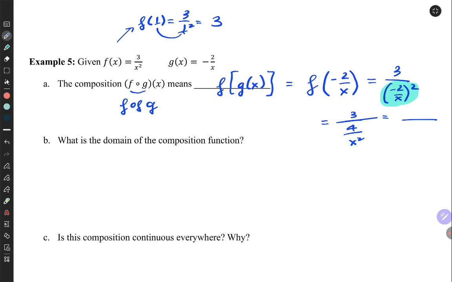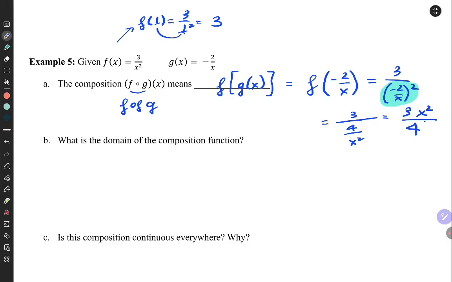Which one goes up? X squared goes to the top. How about number 3? Top. That leaves number 4 on the bottom.